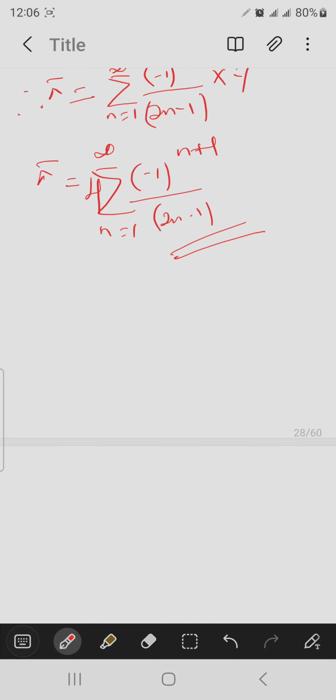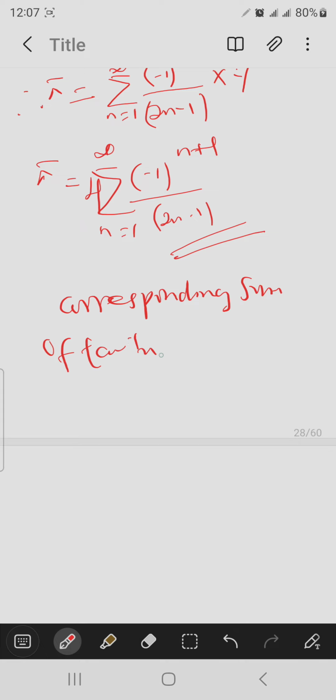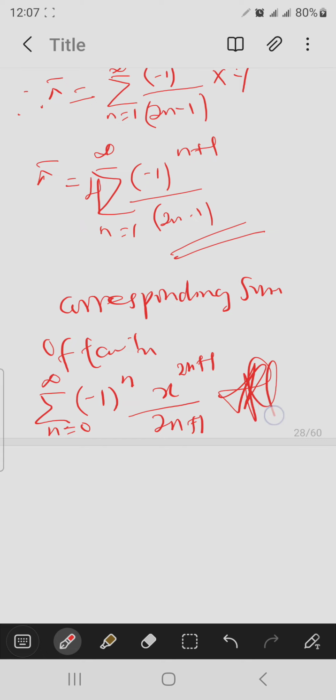The corresponding sum of arctan x will be equal to the summation, n equals 0 to infinity, of minus 1 raised to n, x raised to 2n plus 1, over 2n plus 1. So this is going to be the answer for it. Note this in case you are being asked.